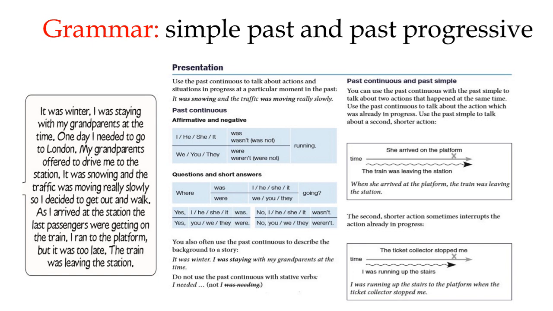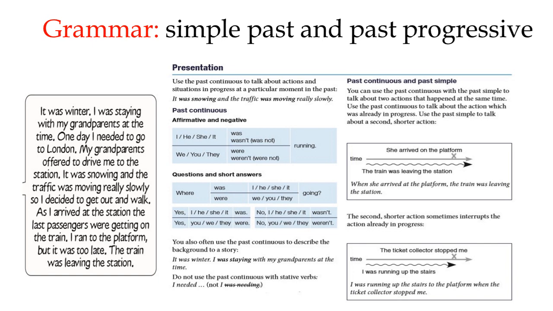Let's reread the short paragraph and try to analyze it in relation to the title. It was winter, so was is of course in simple past, and it is an irregular verb. I was staying. This is past continuous.